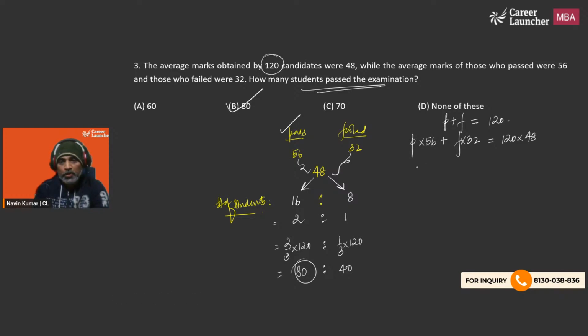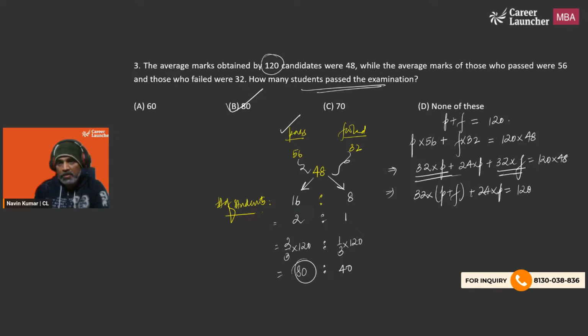So what we can do here is we can take out 32 common, 32 into P, and then we'll be left with 24 into P, and then 32 into F is equal to 120 into 48. So basically these two can be clubbed together and written as P plus F, which is nothing but 120. So instead of P plus F, we can write 120.